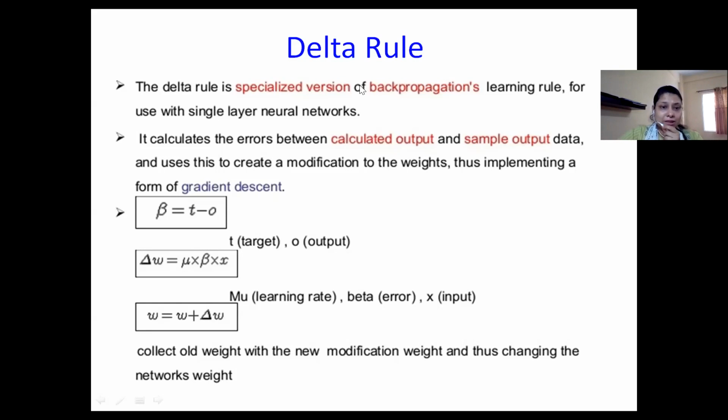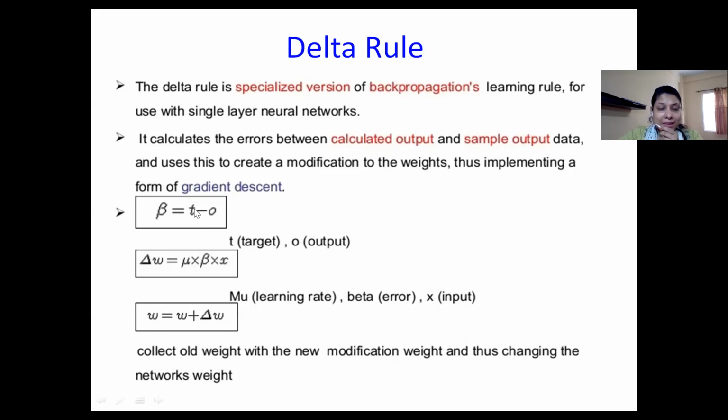So what can that computational technique be? Whenever we have the calculated output, which is the actual output coming from the neural network, and we have a sample output data, that means the desired or target data, then we can use this particular modification to the weights.